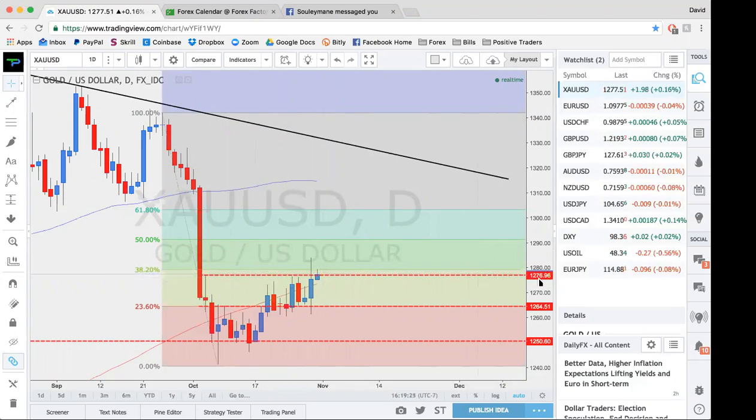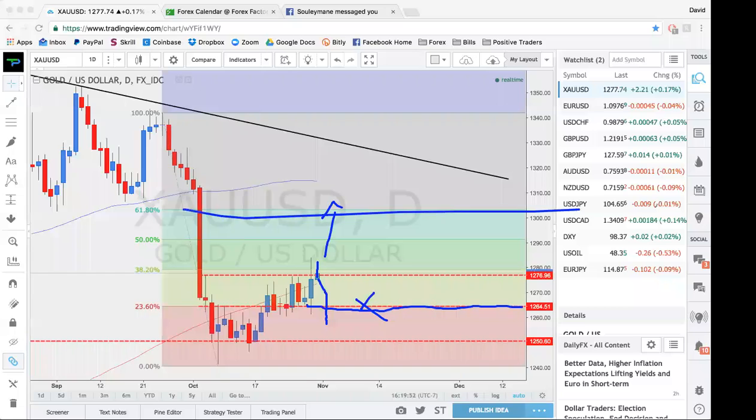But I would need to see a daily candle close well above 1275 to continue buying. If we see it come down and close below the 1264 right here, let me annotate this so it is easier for you to see, the 1264 is my invalidation level. So if price was to come down here, I would no longer be interested in buying. I would need to see a candle close up here to continue buying up into the 1300 area.